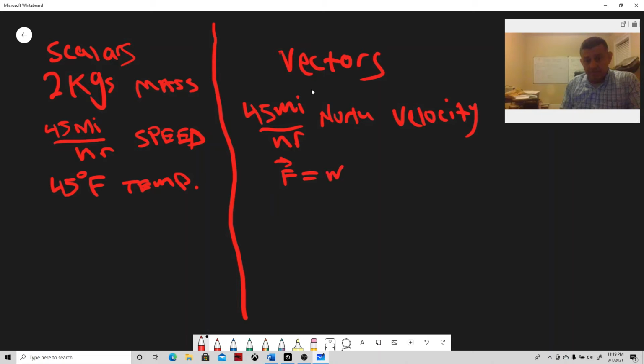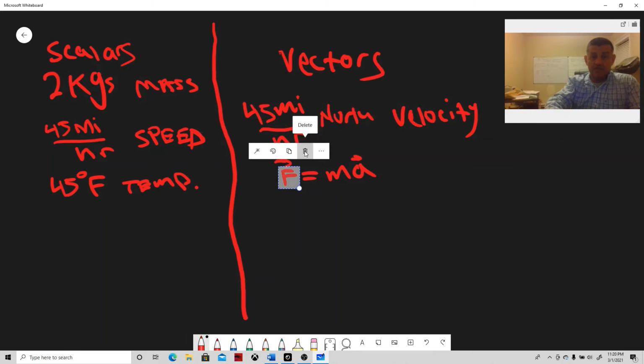Acceleration is also a vector. M is a mass, a scalar, but that scalar is being multiplied by a vector, and that's why F, force, is a vector.